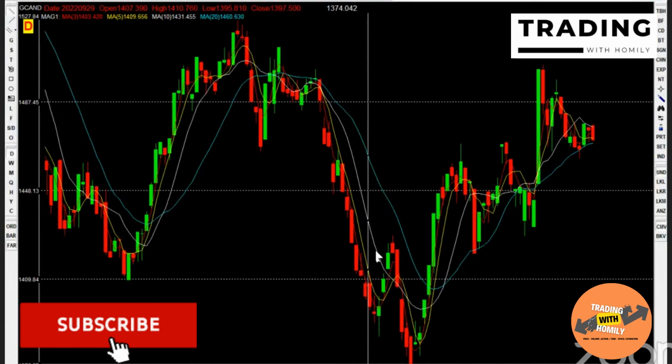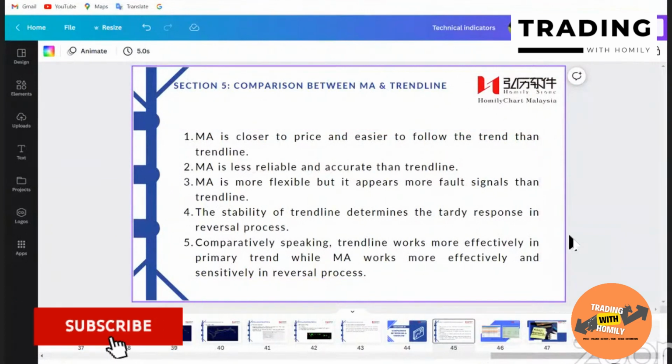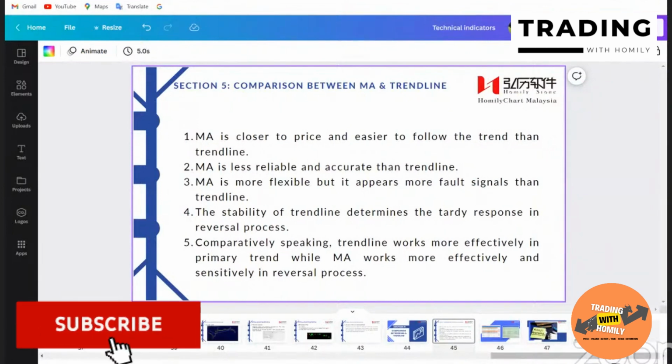So that's why it's too sensitive. But the trend line is formed through the high and low of the stock price. Therefore, the accuracy of the trend is higher, because we must know the trend will not end suddenly without a reason.